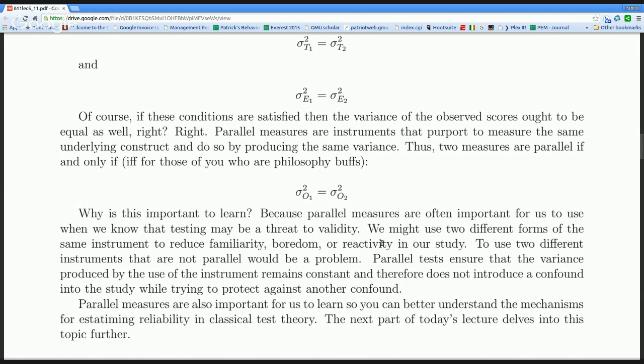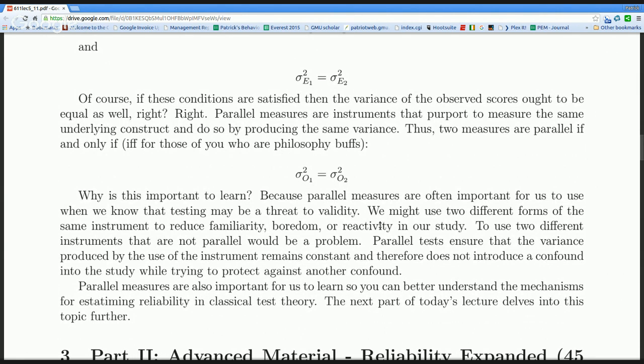So ETS has devised this method of adaptive testing, creating parallel forms where they just place you along a continuum, but all of the true score variability and observed score variability, and therefore error variance, can be assumed to be equal. And those parallel forms are incredibly useful by reducing subject burden, your burden, of having to take all of the items, and also by being able to produce scores that are equivalent. So those parallel forms are useful.